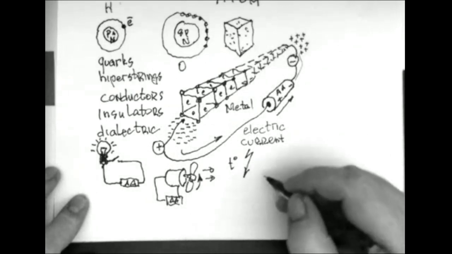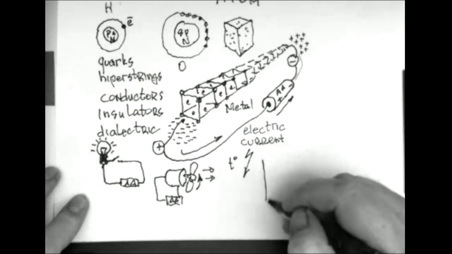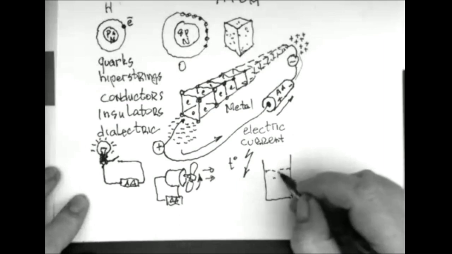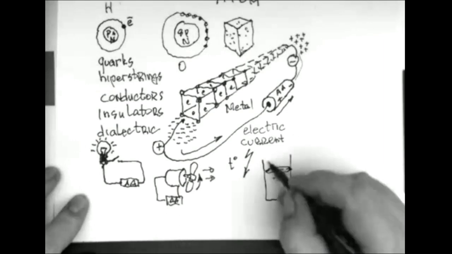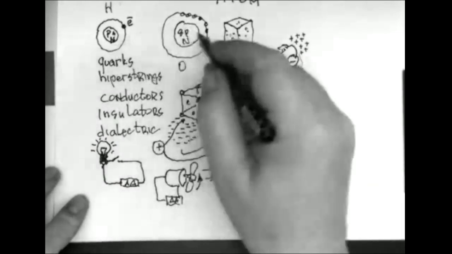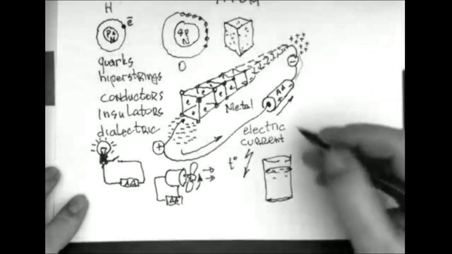Folks, let me tell you a couple of things about liquid. When you have a liquid, this is our liquid in a glass. So the liquid contains, let's say, water.